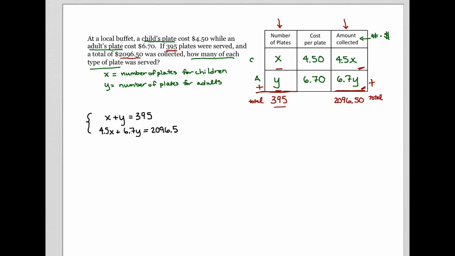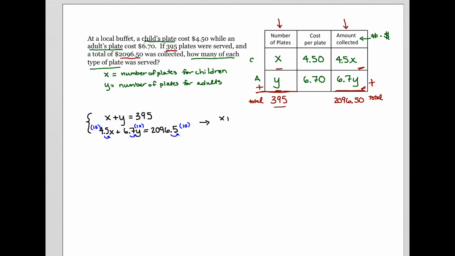We can clear this out easily by bringing our decimal points over one space. And effectively, we'll do that if we multiply each of the terms in our equation by 10. So if I multiply each of our terms by 10, that has the same effect as moving the decimal place over one position. So that will give us the new system.